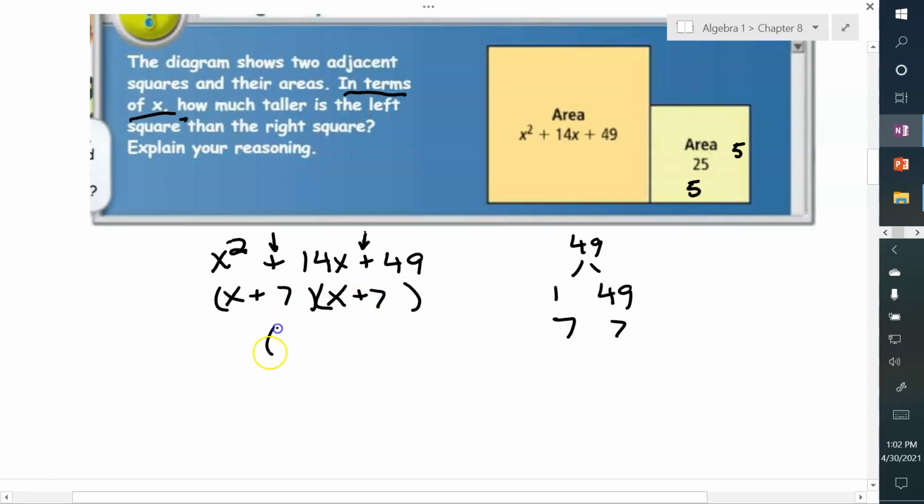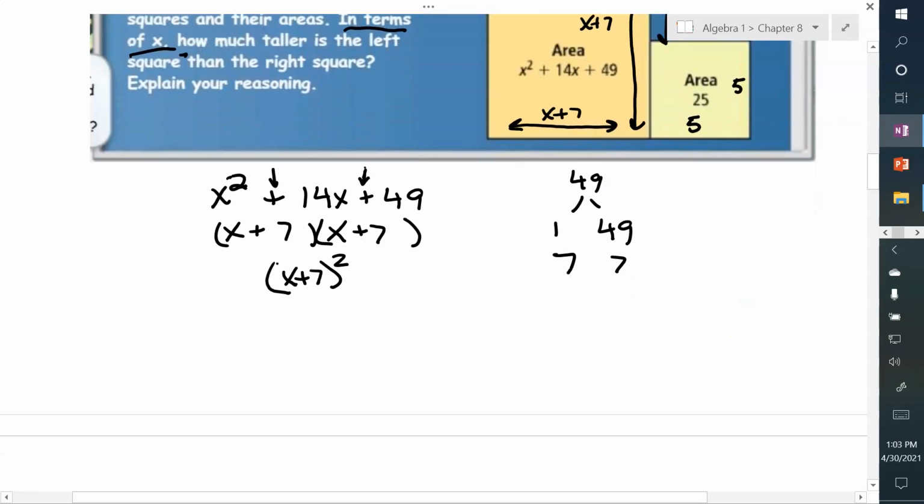So then our area is just (x + 7)². So this side here is x + 7, and so is the top, the up and down side. If I wanted to know how much bigger this side was from the other one, I would just subtract. My large square has a side of x + 7, and my smaller one has a side of 5. So I just subtract that 5, and my answer is going to be x + 2.